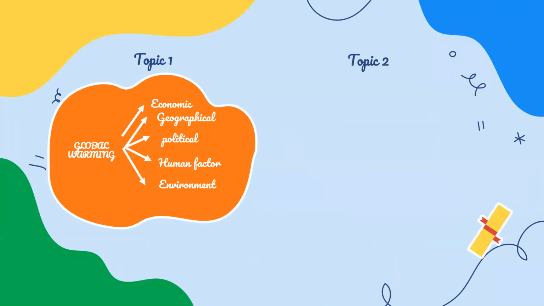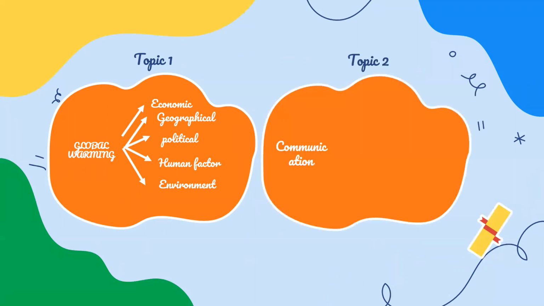Now, I have another topic that is also of interest to me, that is communication. In communication, I can think of mass media, the magazine, the video games, the newspaper, and the internet. So, I have selected my area of interest as well as written down the ideas.